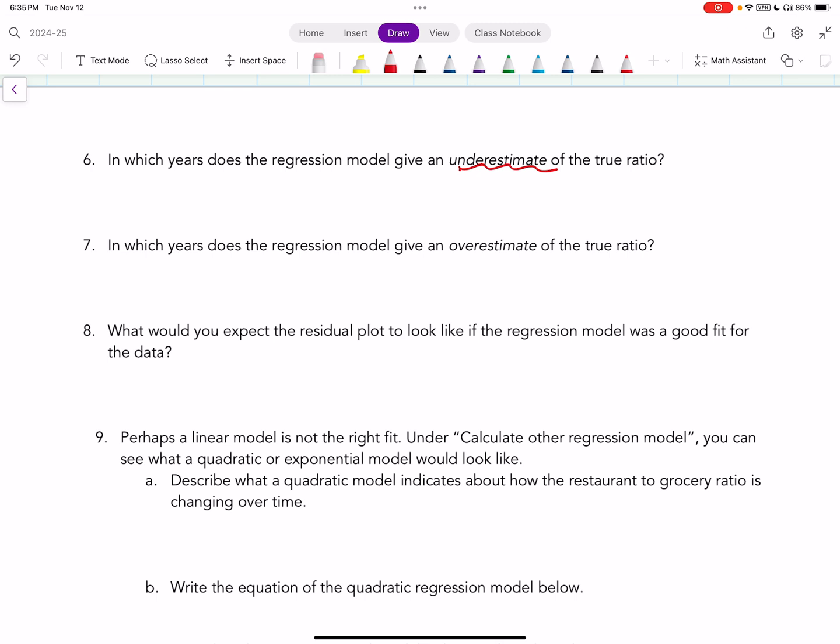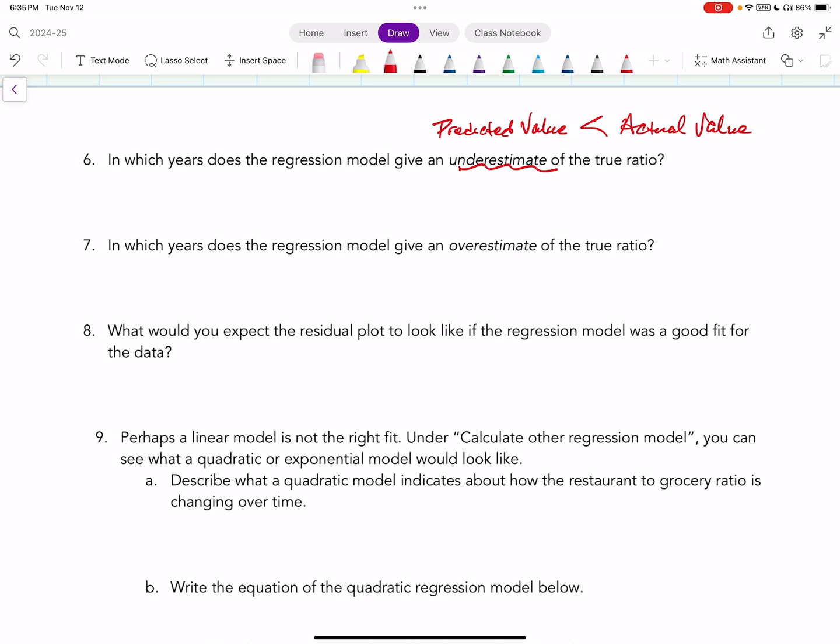That means, in terms of visual, your predicted value is less than the actual value. Visually, how do you see that?